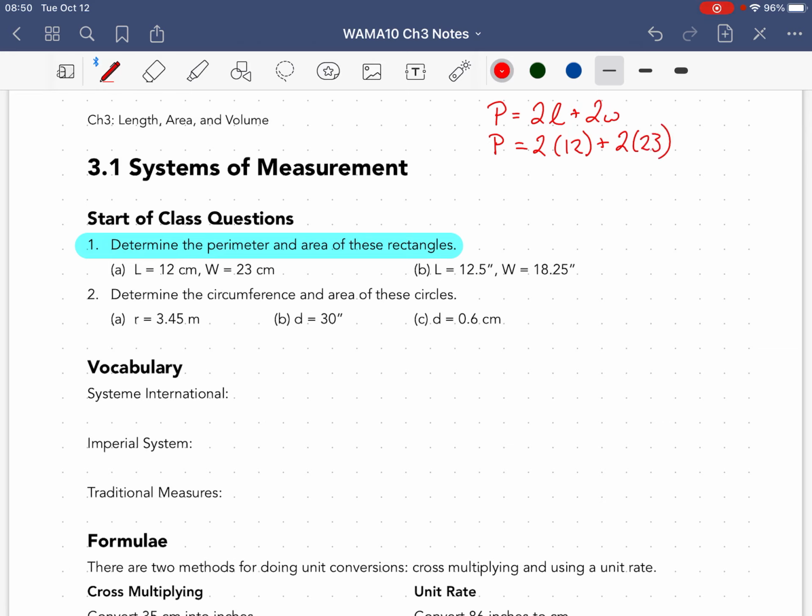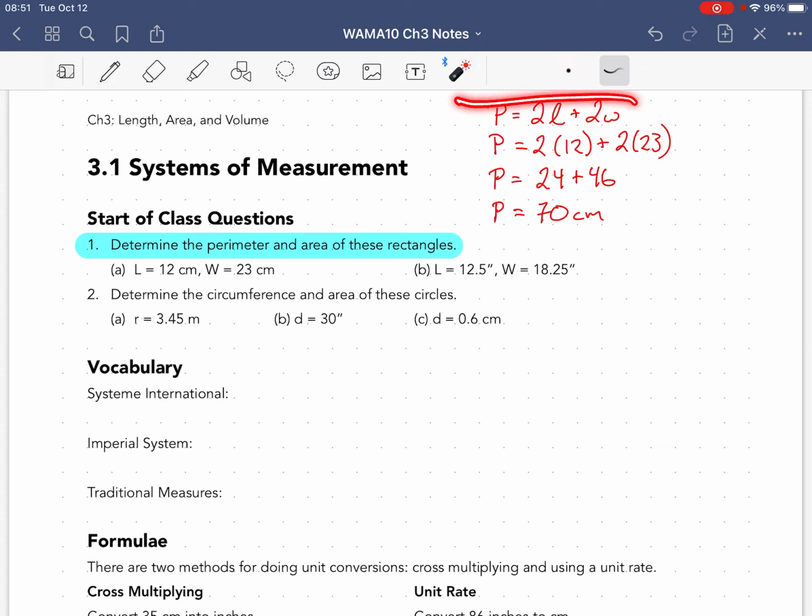I fill in what I know. And I continue writing down, lining up my equal signs vertically. The perimeter is equal to 24 plus 46. The perimeter is equal to 70 centimeters. That's how I determine the perimeter of a rectangle.